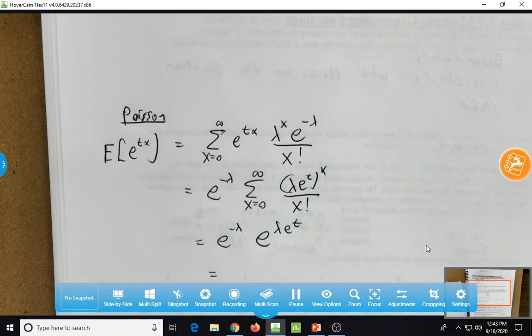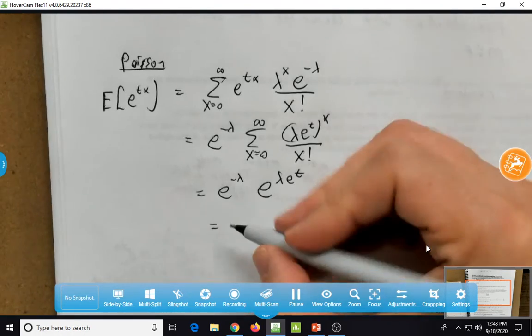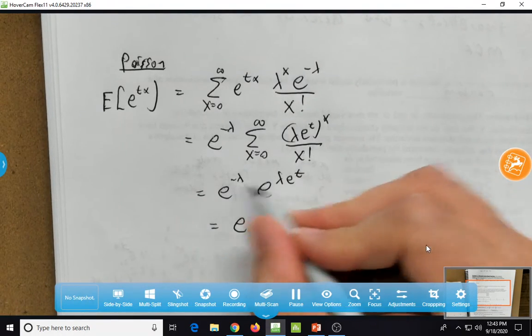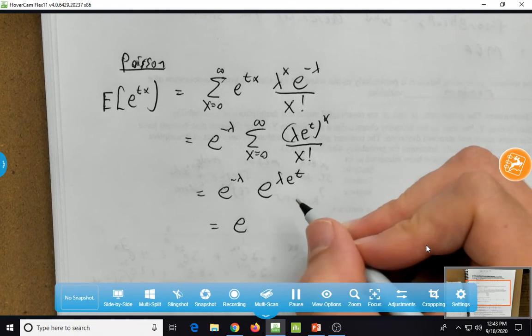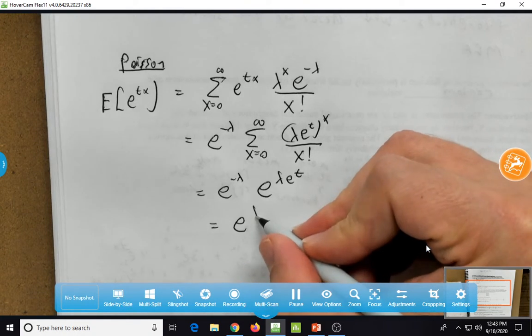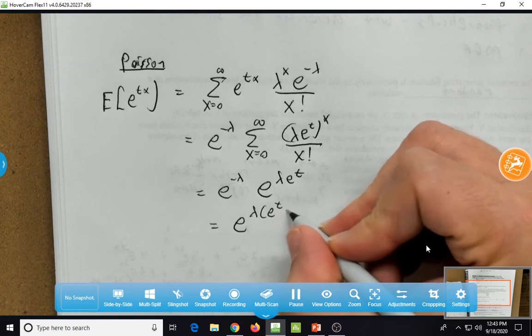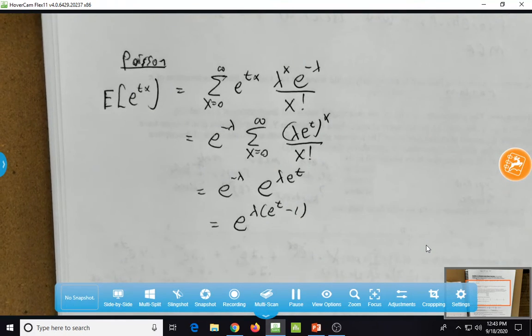And I can simplify this by taking the exponents added together, and I'm just going to save a step and factor out a lambda and get e to the t minus 1. Why is it going from e to the tx to e to the t to the power of x?